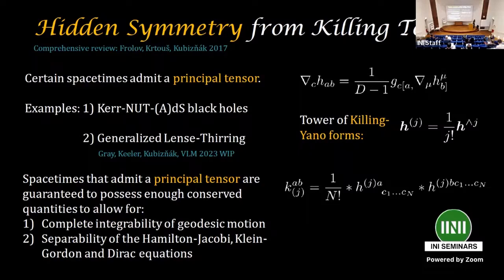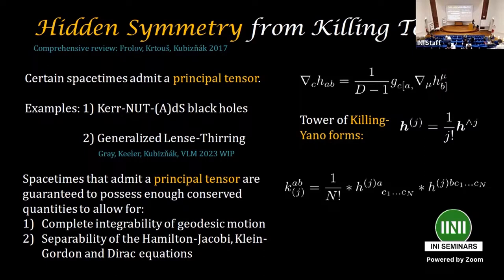Again, I just write the second rank one here. So I have now an entire tower, where j labels the tower of these second rank Killing tensors. Each one of these has a conserved quantity associated with it, right?